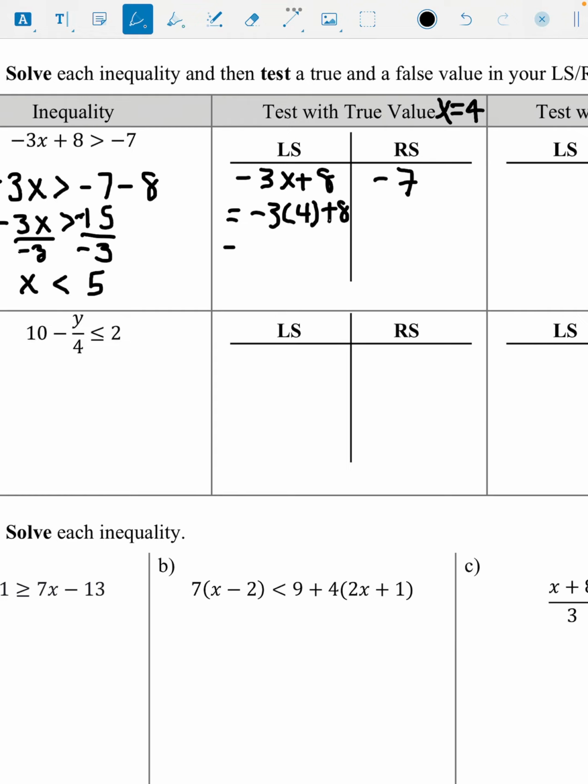And then you should get negative 12 plus 8, which equals negative 4. You notice that it's true that the left side is greater than the right side, which is what the original inequality stated. So don't forget to write therefore left side is greater than right side, and that this is true.